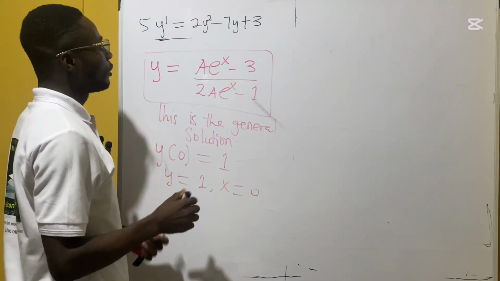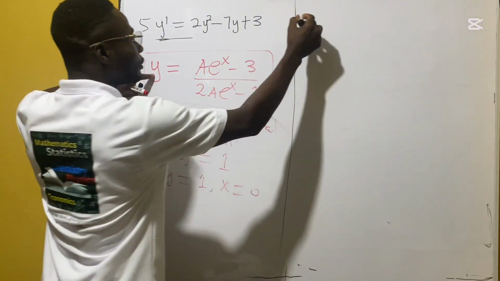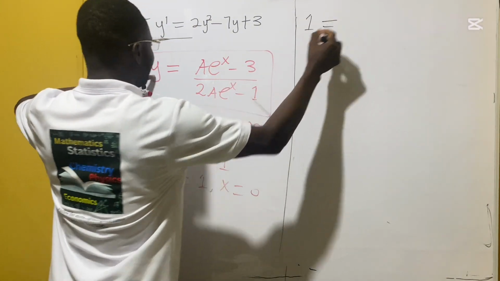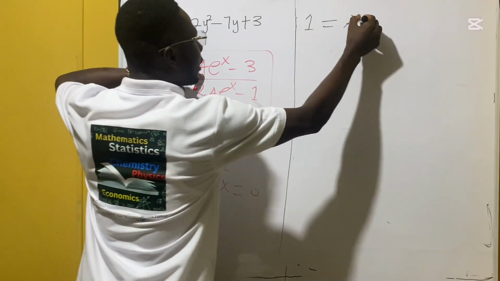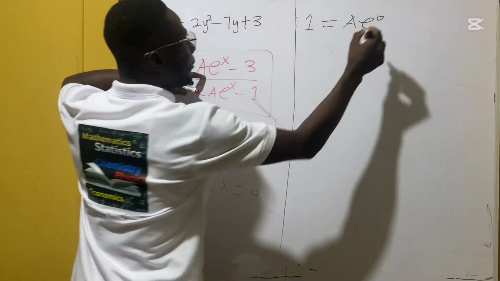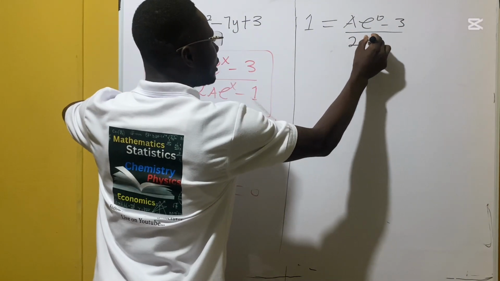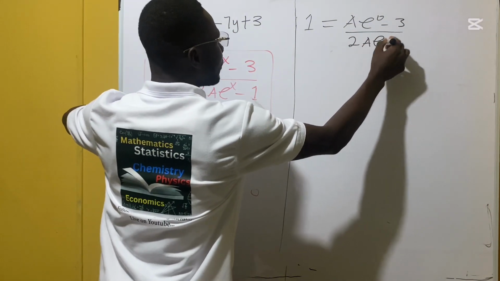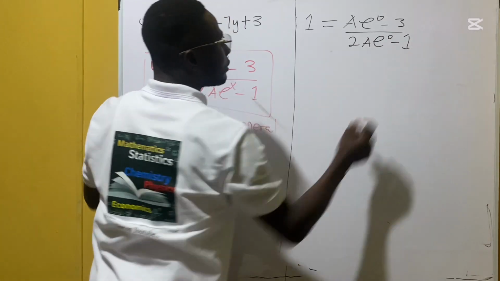Right, so once we do that substitution, our y is 1 and our a is what we are looking for, and our x is 0, right? Minus 3 on 2a e power 0 minus 1.